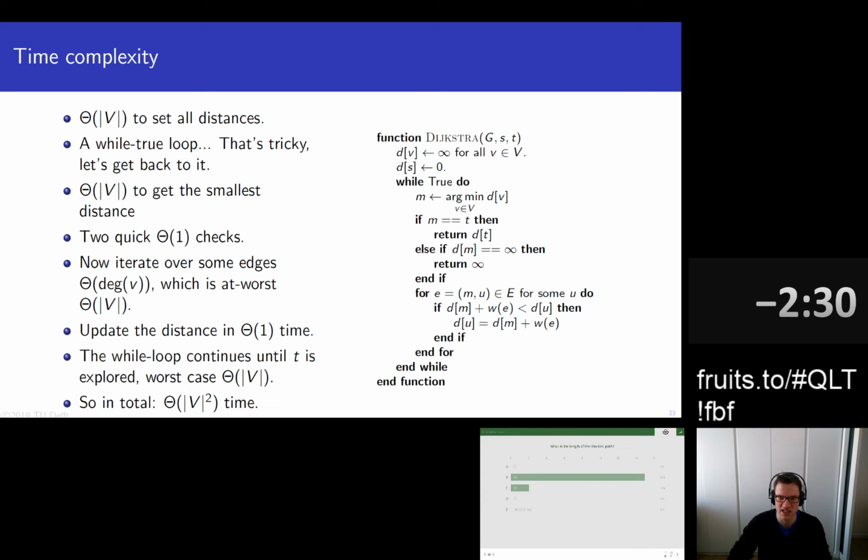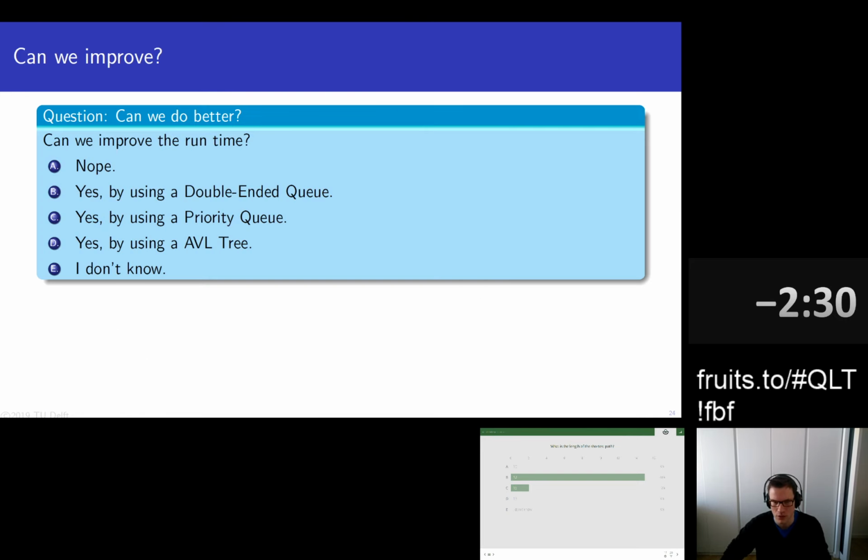Okay, is that good? Is that bad? Well, I don't know. Let's see if we can make it a little bit better. What we notice is that finding the smallest one takes us Θ(V) time. So perhaps we can do something slightly better there.